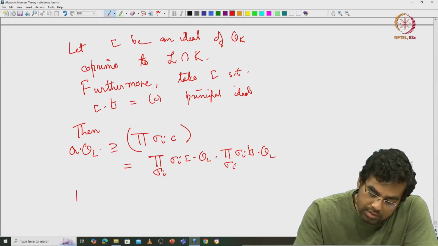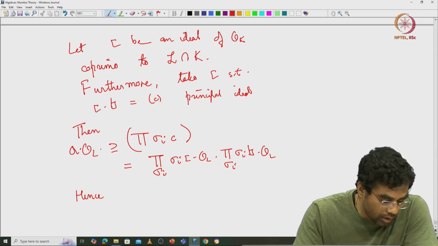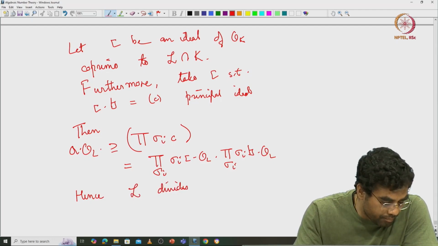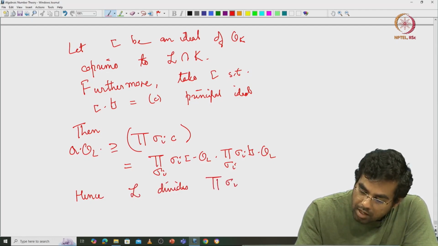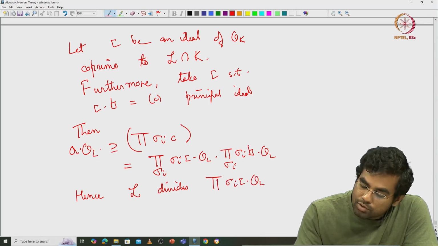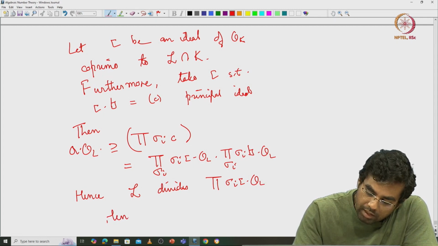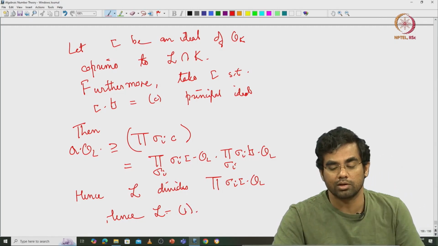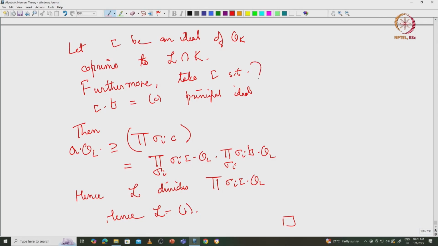And hence L divides this ideal sigma i C times OL. But it is co-prime to that. So hence L is equal to 1. That is a bit hurried, but that is the proof. You can try to go over this. Let me just end with this remark that this uses finiteness of class group.